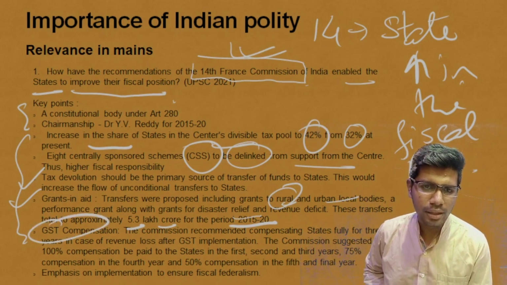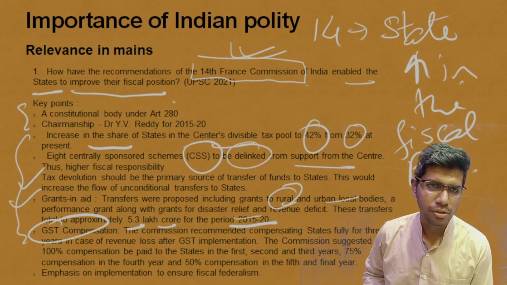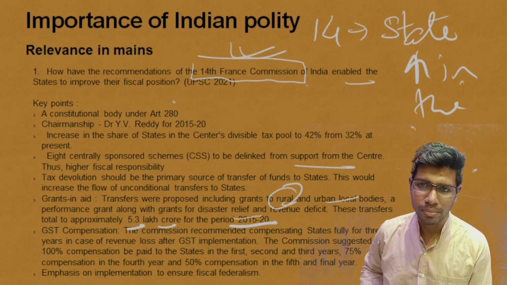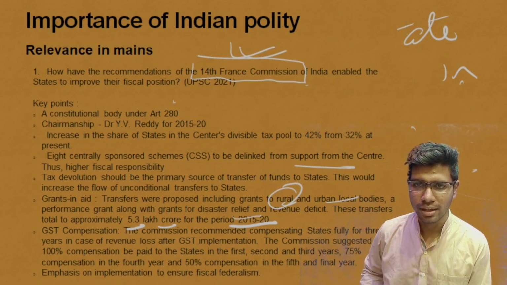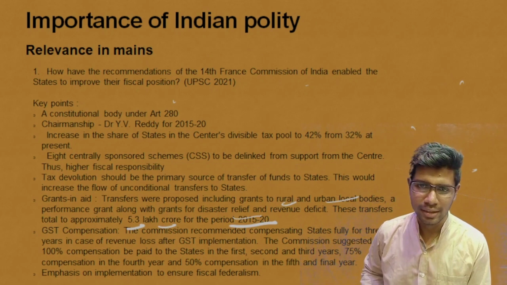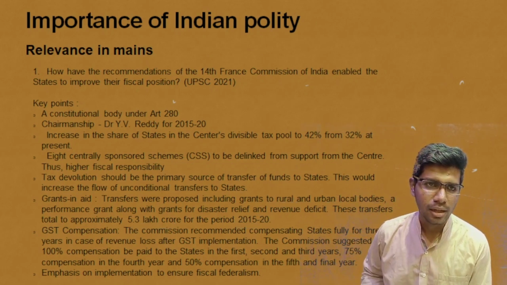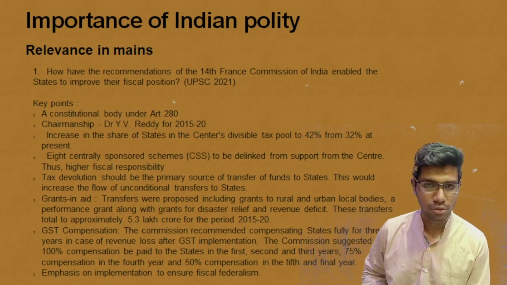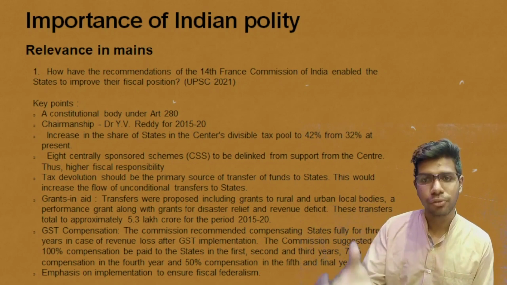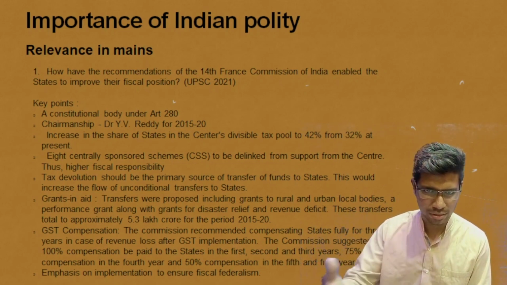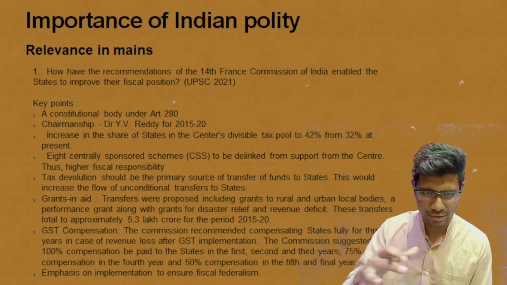The next point is talking about the GST compensation. As you know, we have passed the GST, which has basically abolished various state taxes like the VAT and the excise duties, and so on and so forth. So that basically requires compensation to the states, because states have lost a big amount of revenue from the earlier taxes, in terms of VAT and all the indirect taxes basically.